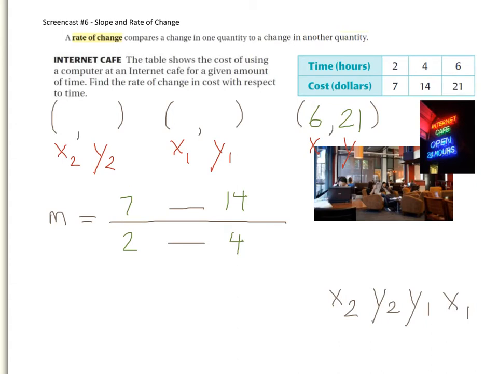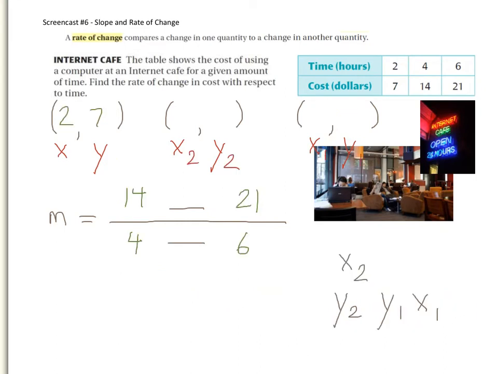What if somebody said that this point is x1, y1, and this point is x2, y2? Will we still get the same thing? Well, I've already plugged in the values here, so let's see here. 7 minus 14 is negative 7, 2 minus 4 is negative 2, and look at that. Negative 7 divided by negative 2 is, yes, positive 3.5, so there it is again. But we're not through, folks. What if somebody said, okay, 14 minus 21 over 4 minus 6?